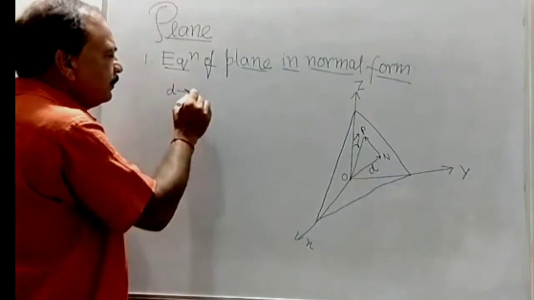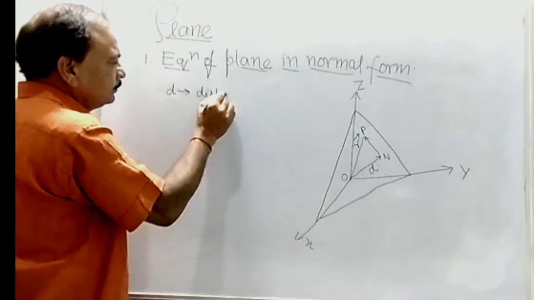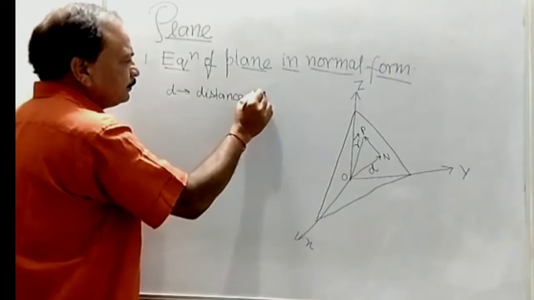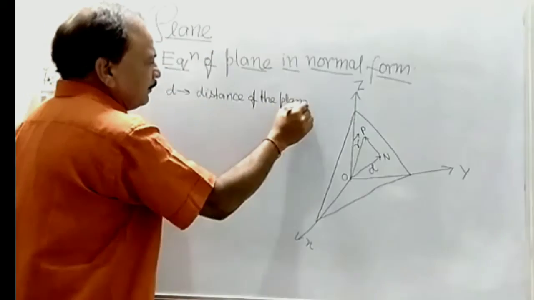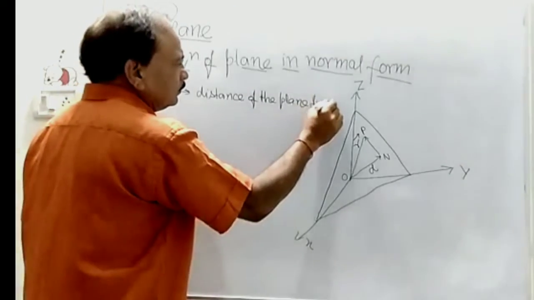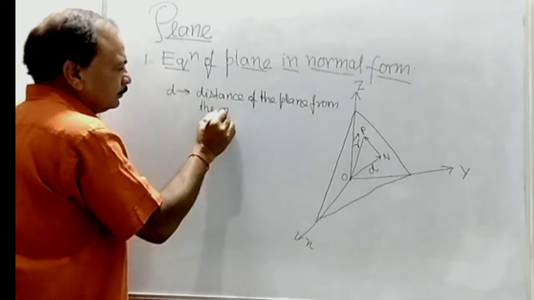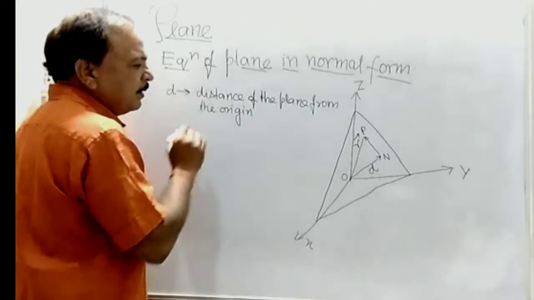d is the distance of the plane from the origin.